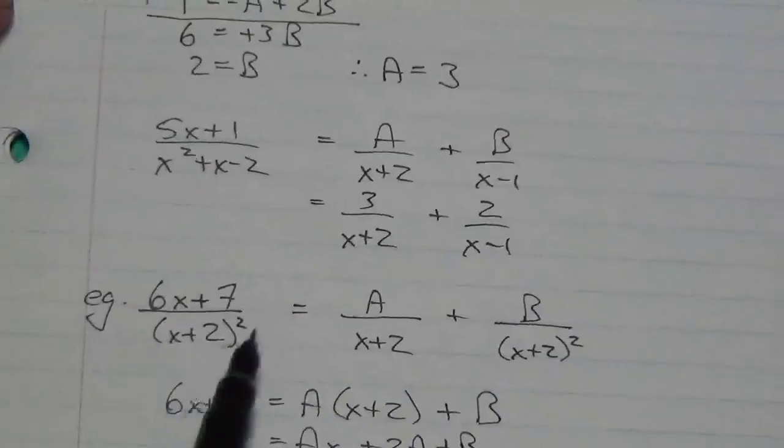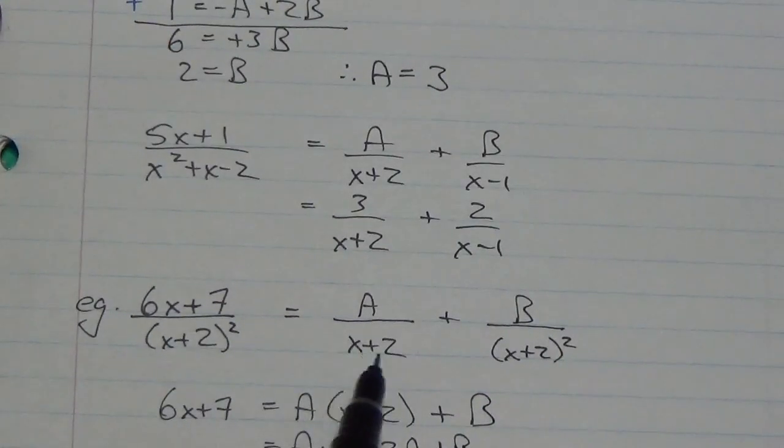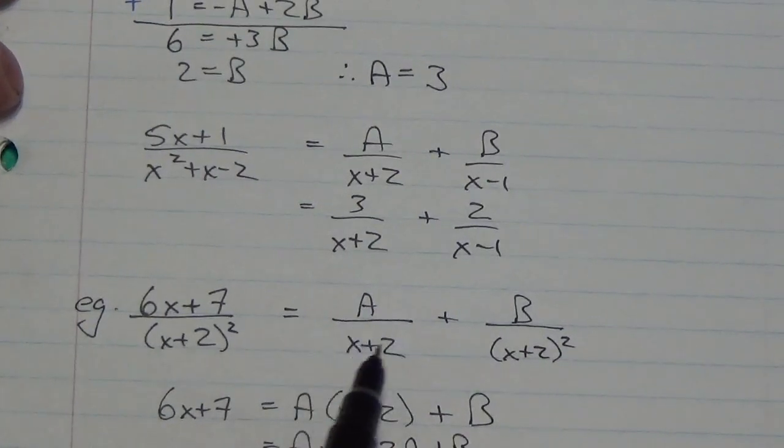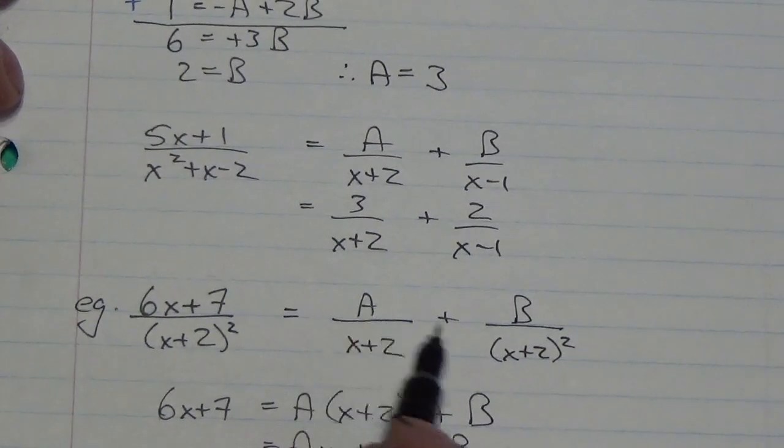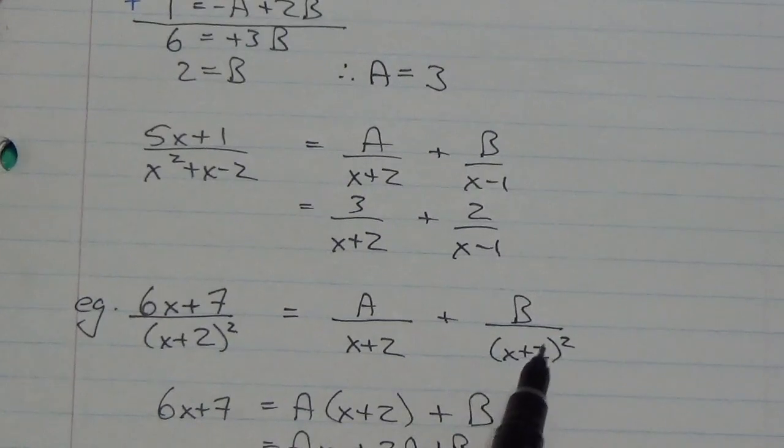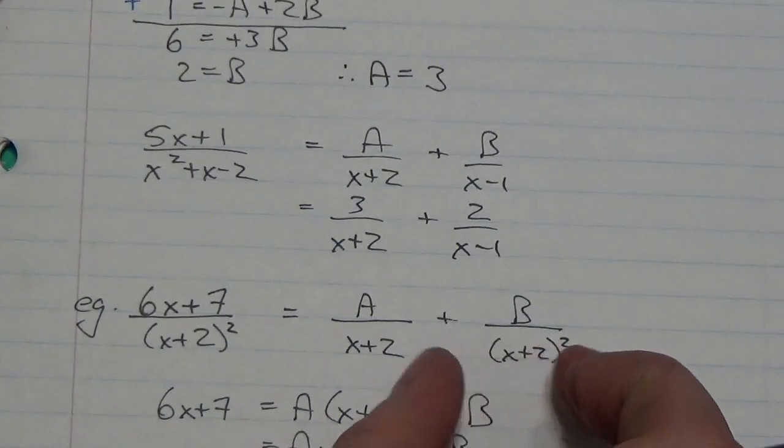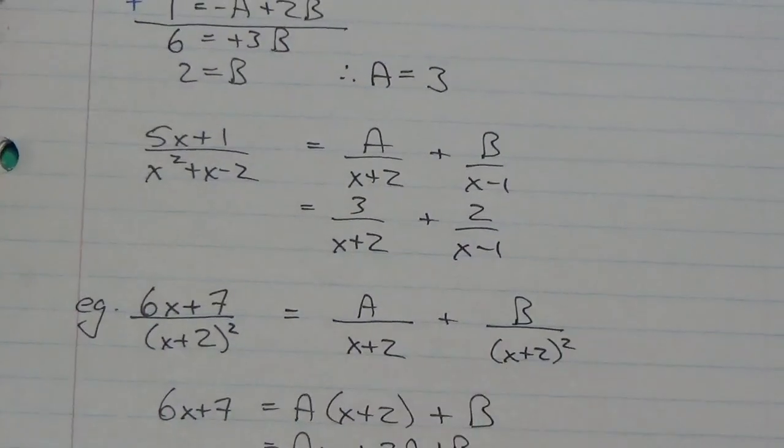If you think back to the other expressions that we've looked at here, when we resolved this, we had a constant on top. This is basically two linears together. I've got a constant on top here. Now I know that that's a quadratic, but this can be resolved into two linear factors.